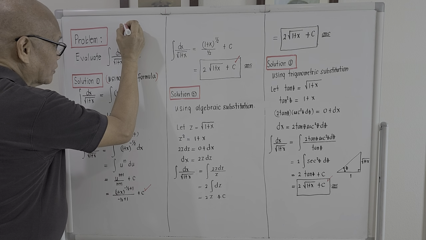So u will be 1 plus x. If we take the differential of both sides, the differential of u is du, the differential of 1 is 0, and the differential of x is dx. So du is equal to dx. It is exact.